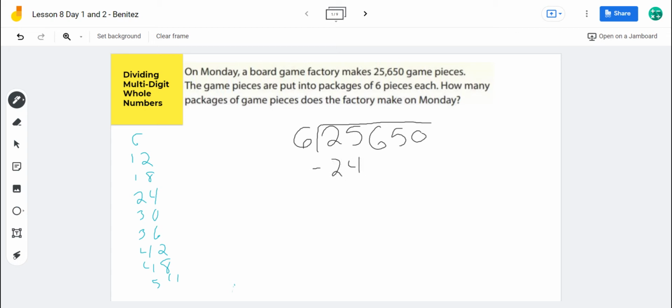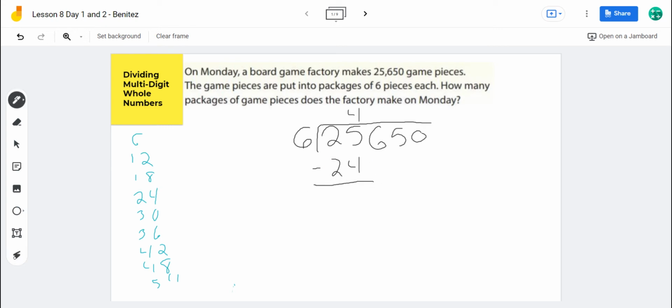So minus 24. Now, what multiple of 6 is that? That's 1, 2, 3. That's the fourth multiple. So the 4 is going to go right here. 4 times 6 is 24. And again, we're taking it away.